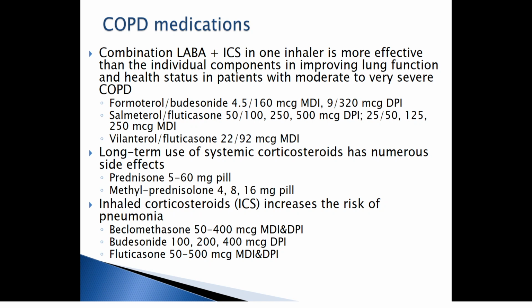And systemic oral corticosteroids, which may be recommended in very severe cases of overlap syndrome or of asthma, can lead to numerous side effects, which include diabetes mellitus, osteoporosis and fracture, depression, hypertension, and many other side effects. But if nothing helps, oral corticosteroids are very powerful, but lead to many side effects.